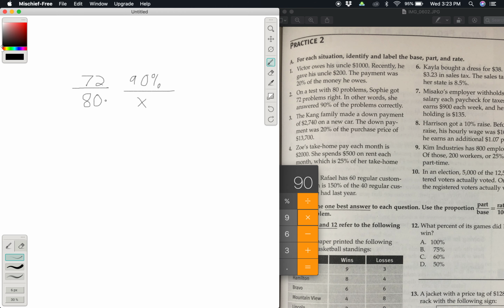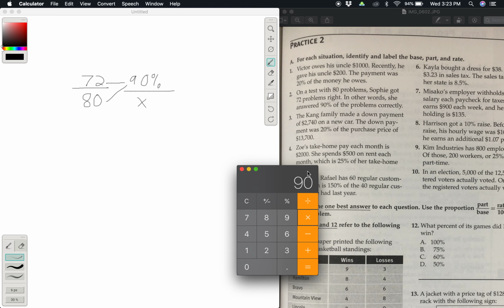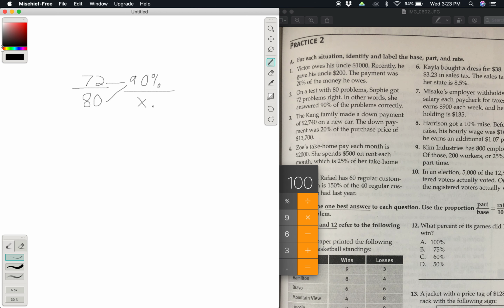You multiply diagonally towards the side with the x, then divide horizontally towards the only variable that's remaining. 80 times 90, I believe I did that, 7,200 divided by 72 equals 100. So we know that this is always 100, but that just verified to us that this is correct.